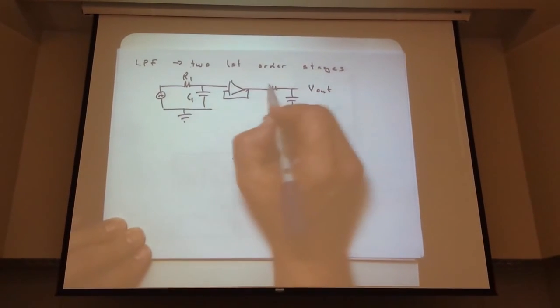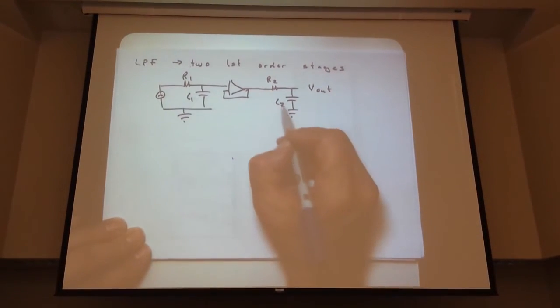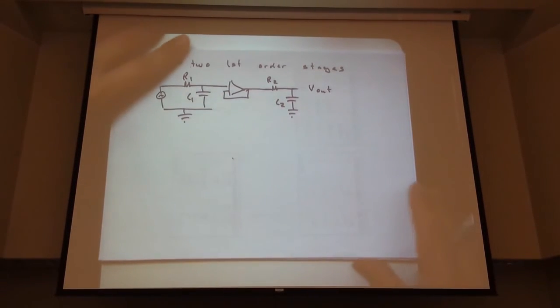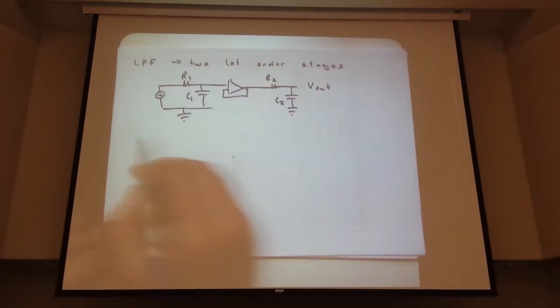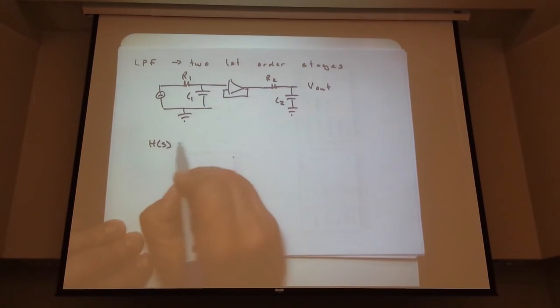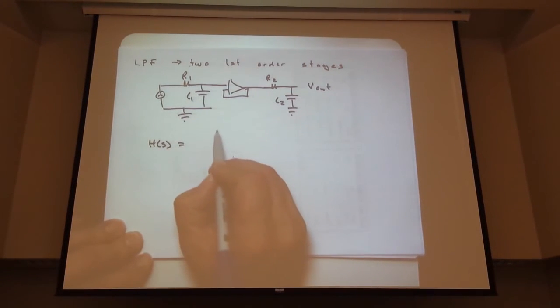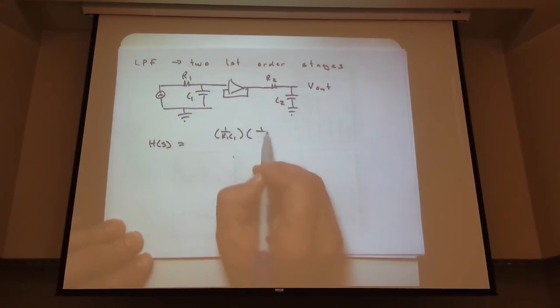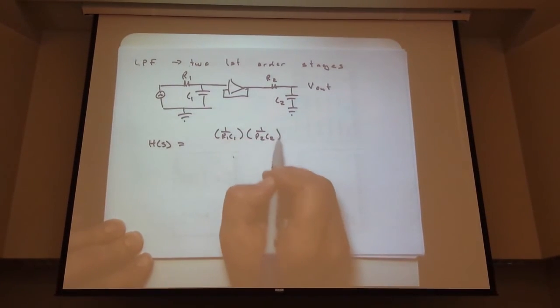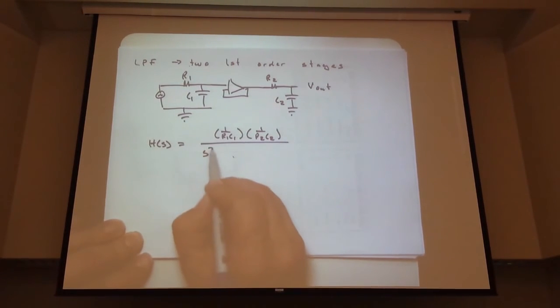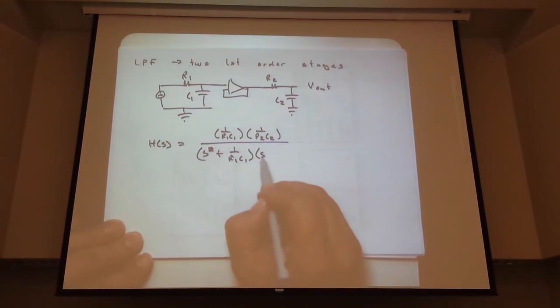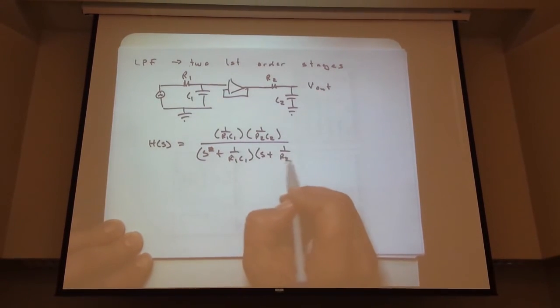R1, C1, R2, C2. And we should recognize H of S equals 1 over R1 C1, 1 over R2 C2, over S squared, let's just do this a second, please, plus 1 over R1 C1 S plus 1 over R2 C2.